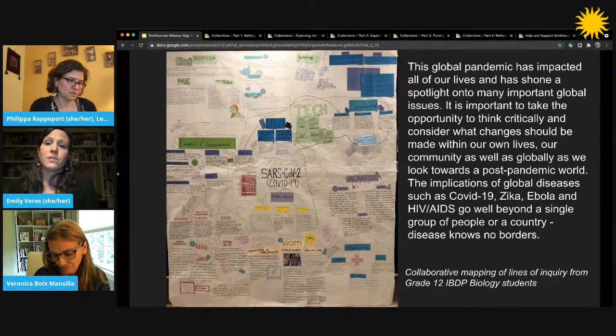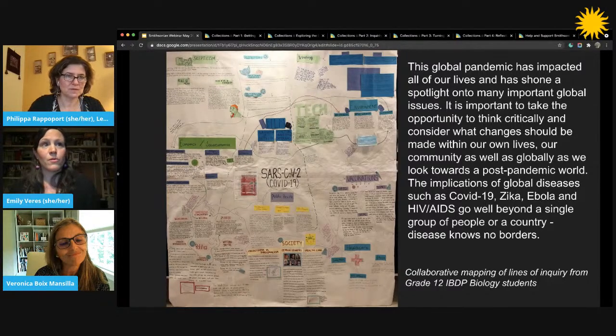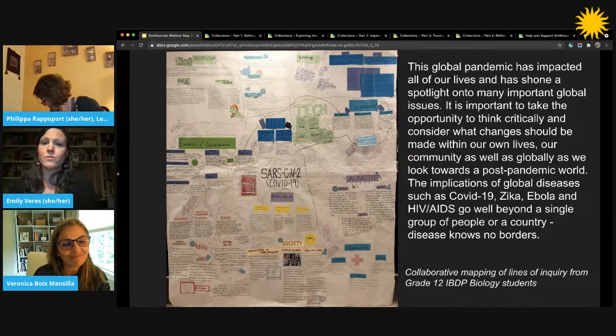Ultimately, I wanted them to have an opportunity to think critically and consider what changes in their own lives or what changes in the community might be warranted as we look towards this post-pandemic world. I've done a map like this before with Ebola and with Zika, so the mapping idea wasn't anything new to me.